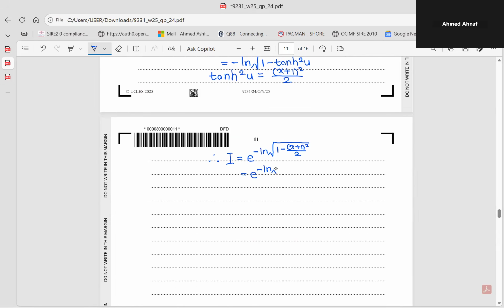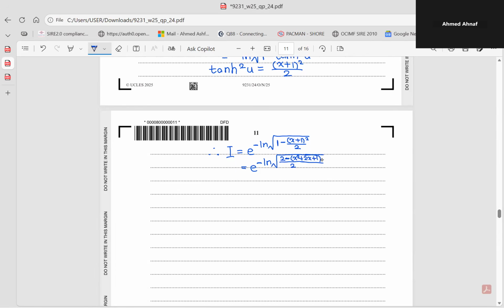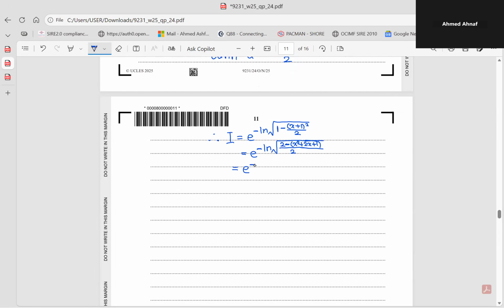Let's simplify this. E to the power of that, square root of 2 minus x squared plus 2x plus 1, goes to e to the power of negative ln square root of 1 minus 2x minus x squared over 2.